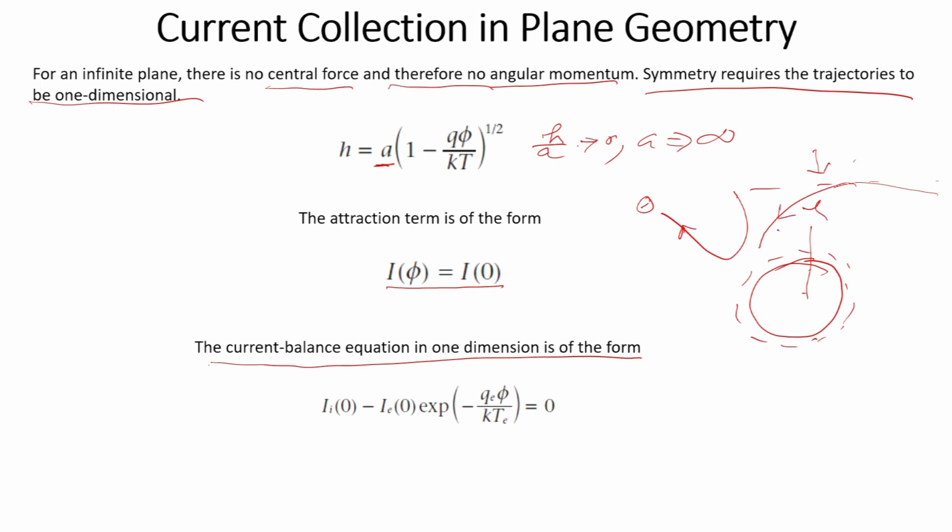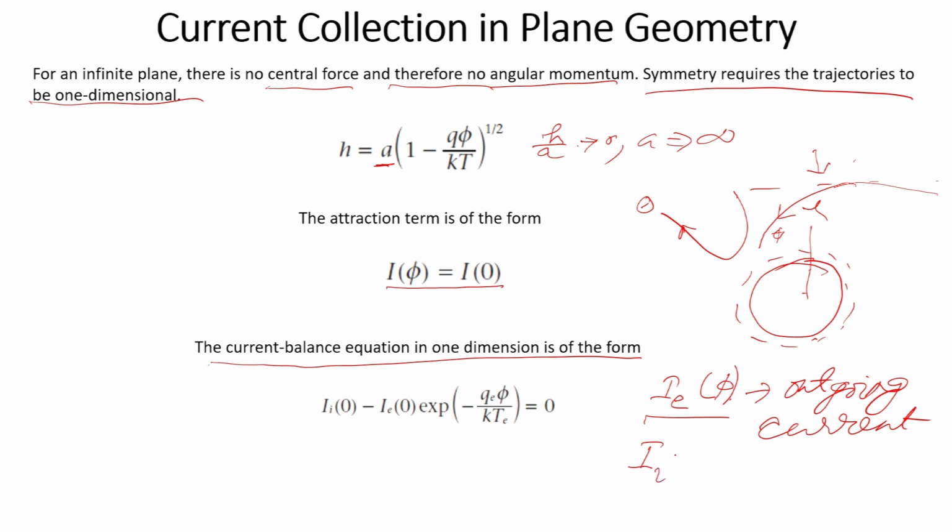It is attracting the positive charges. This is the outgoing current, if I call it I e phi, and the incoming current will be I.